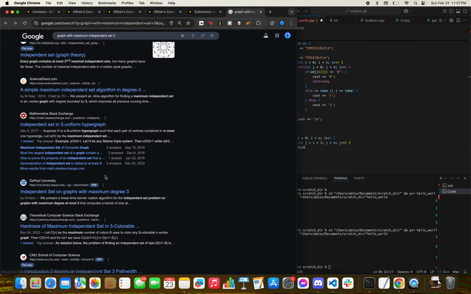Are there any special properties about a graph that has MIS 3? I guess it would mean that it has... It doesn't say anything about it. See. For any set of 4 vertices, there's an edge between 2 of them.